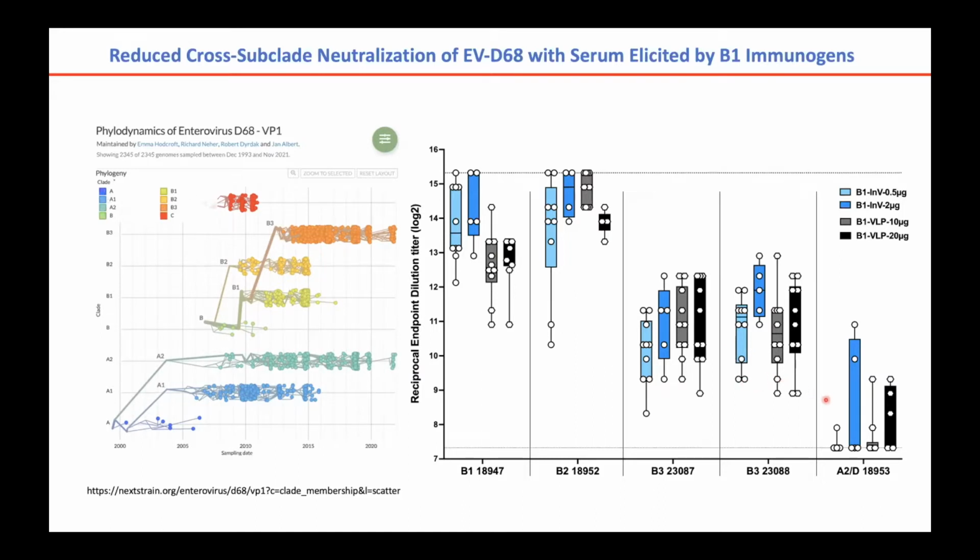We also see a 20 to 40-fold decrease in the ability of the B1 elicited sera to neutralize the A2 subclade viruses. Again, we see similarities between the two different immunogens, but this is starting to let us know that the B1 subclade may not be the optimal vaccine for future outbreaks.